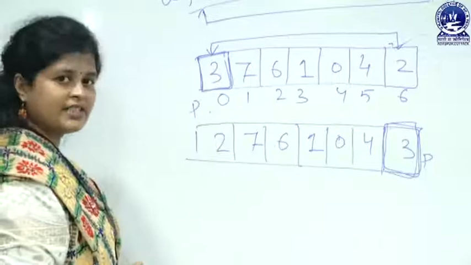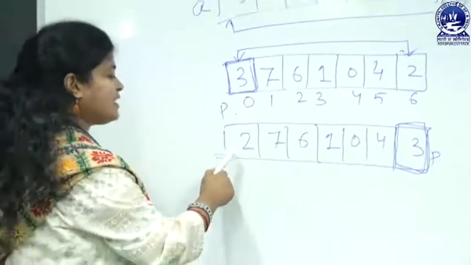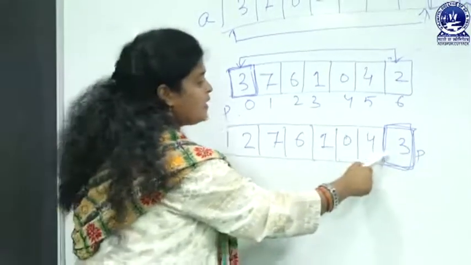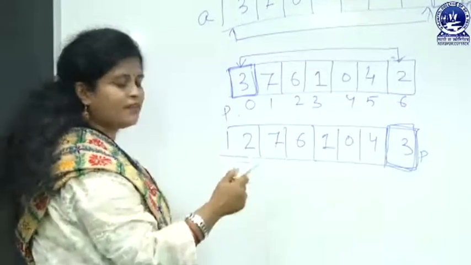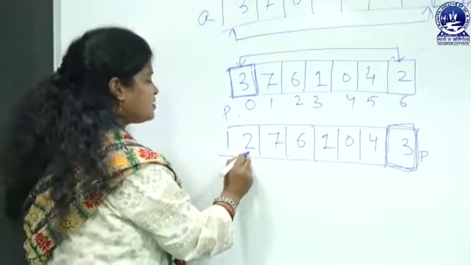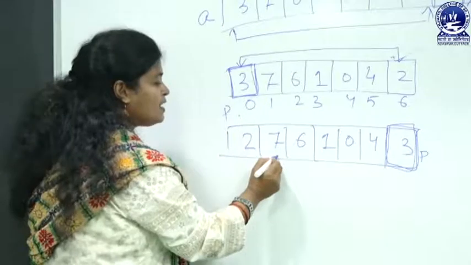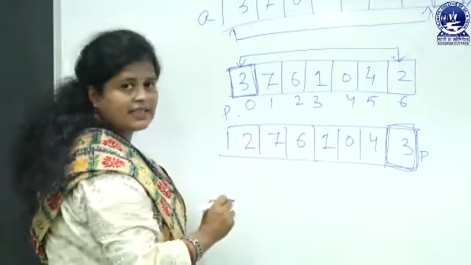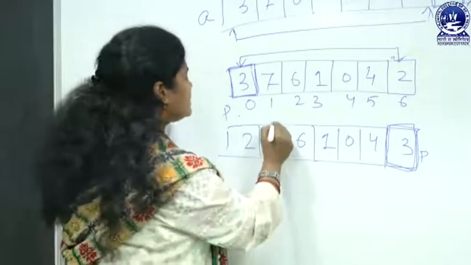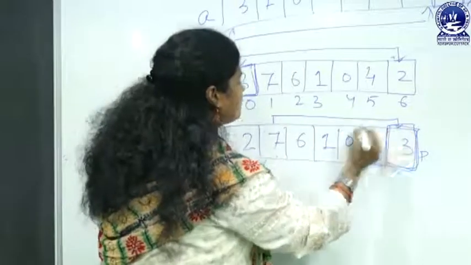Again we will start checking. We will check that all the left elements must be less than the pivot. This one is less, this one too. When it reaches here, the condition is false, so again swapping.